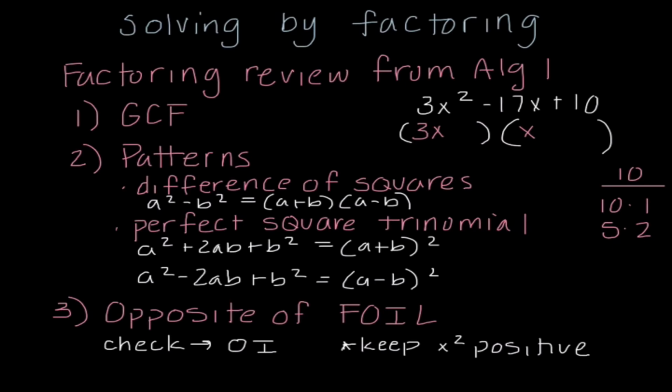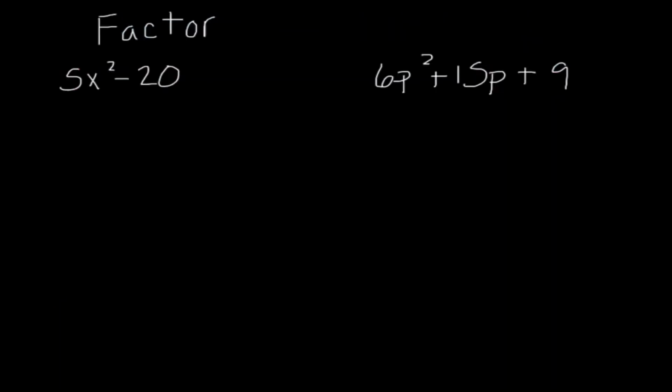So I'm thinking maybe minus 5 and minus 2. So let's check. Negative 15 minus 2 is negative 17. My hint to you guys, and this will make sense when we're dealing with our equations, I always keep the x squared term positive. In my opinion, it makes it much easier to solve.